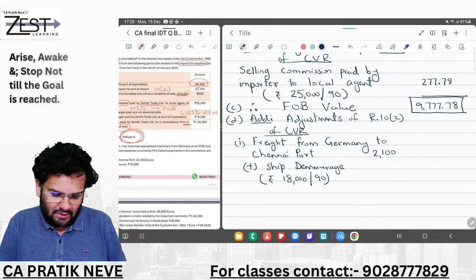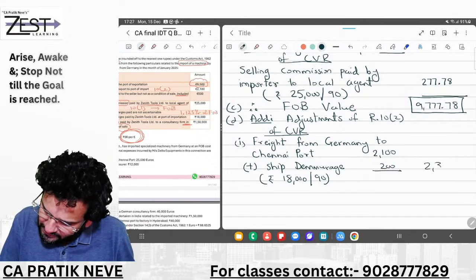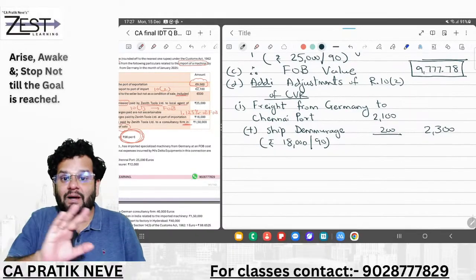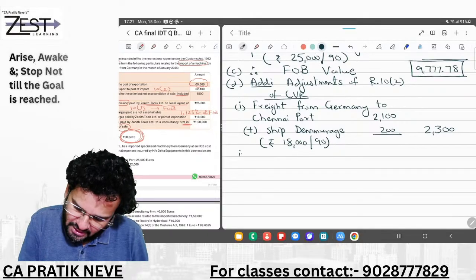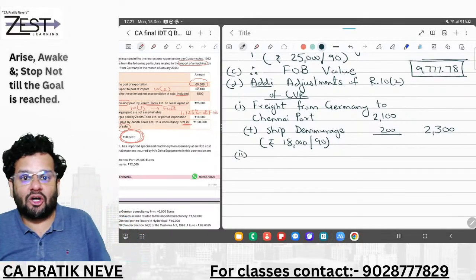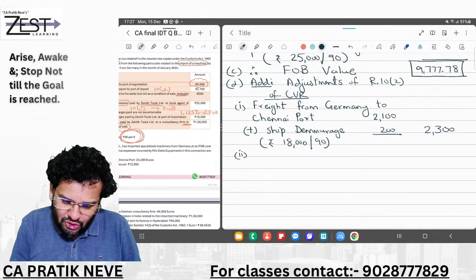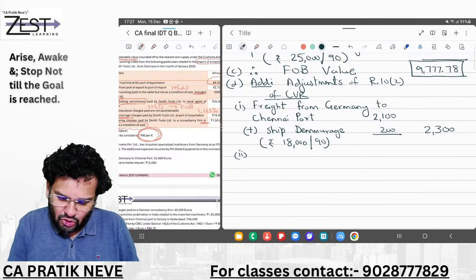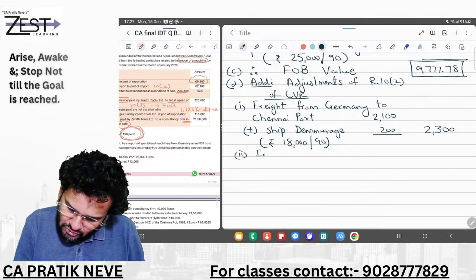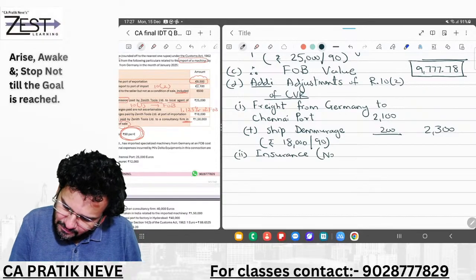So 18,000 divided by 90 is 200. So that is 2,300. And it is by ship, so there is no restriction like 20% of FOB. That restriction is only in case of air freight. Now go for insurance. What have they told you about insurance? It is not ascertainable.